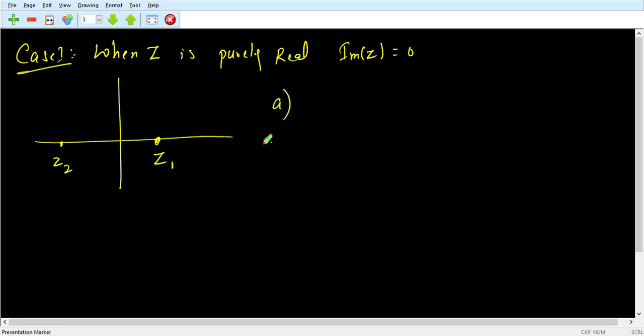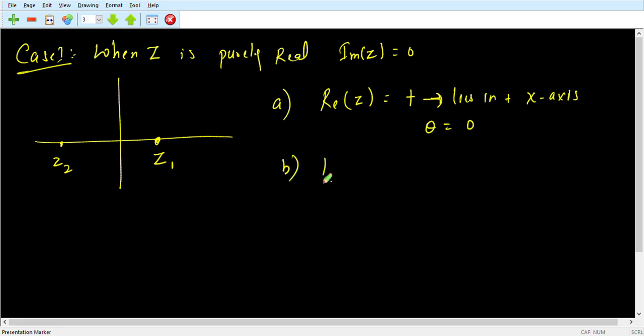Case 1: the real part of z is positive, meaning it lies on the positive x-axis, then theta will be 0.